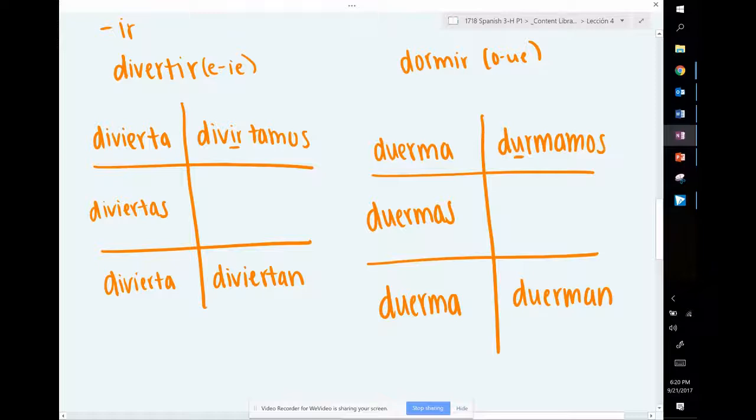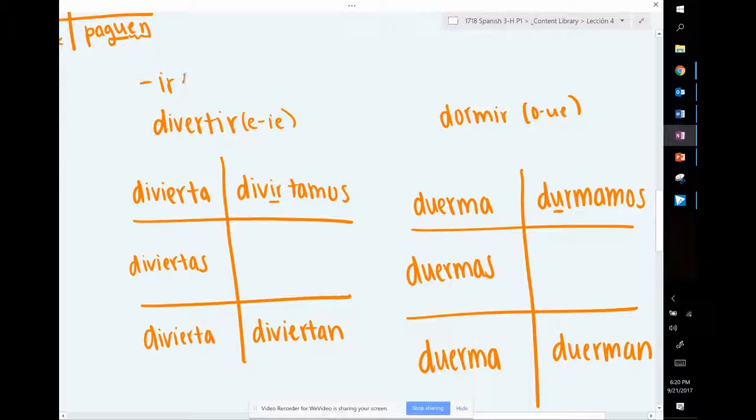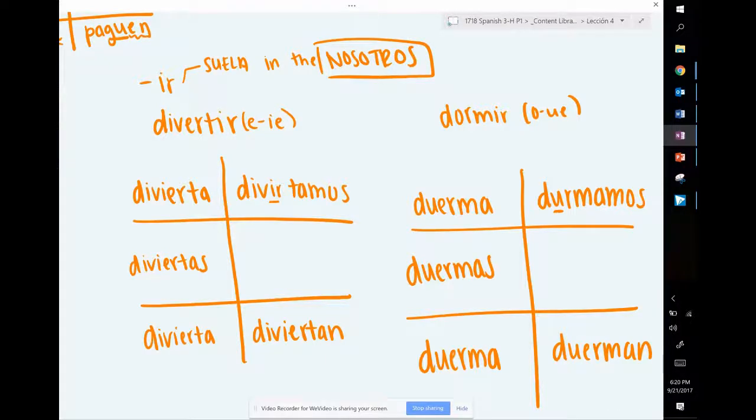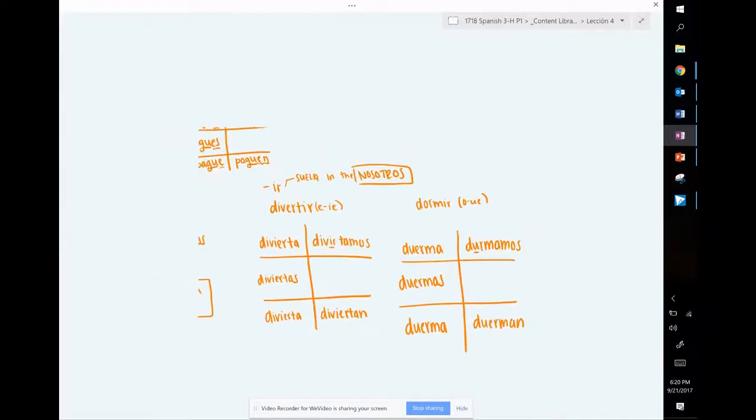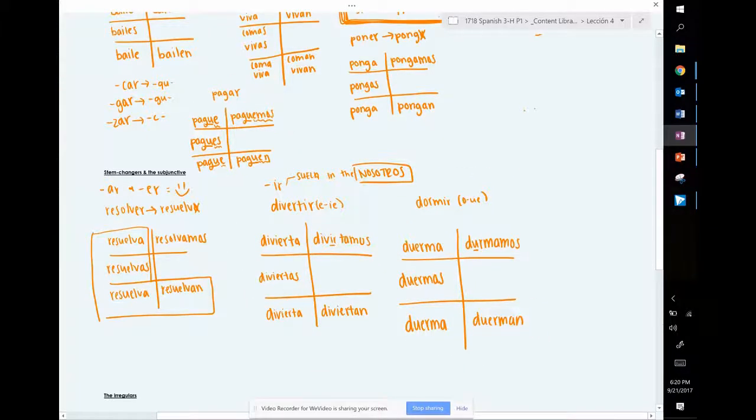The nosotros form of the verb is getting a sandal stem change. So when we have IR stem changing verbs in the present subjunctive, we have to include that sandal change that happened in the preterite for these verbs in the nosotros form only. Okay? IR stem changing verbs have a sandal change in the nosotros form, and that is what makes IR stem changers weird in the subjunctive.